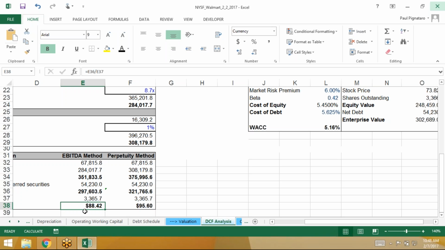Let's put it this way. What's the difference between the EBITDA method and the perpetuity method? What if one was, this is kind of in line, what if one was much, much higher than the other? What if the EBITDA method was much higher than the perpetuity method? What would that mean? Knowing how it's calculated.